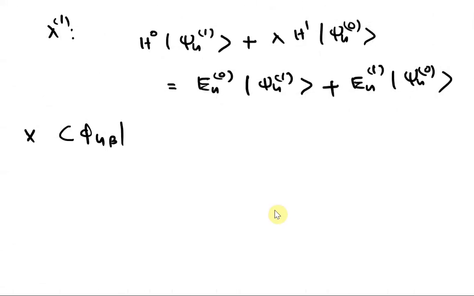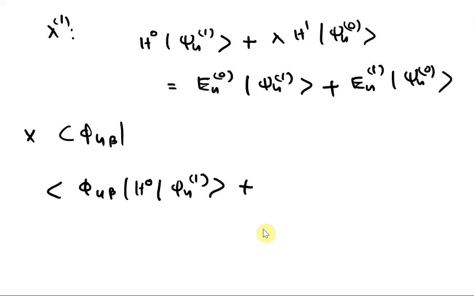You put that value, so this will give you phi n beta H naught psi n1 plus lambda H prime. Lambda H prime is nothing but H prime, sorry, the lambda is not there.